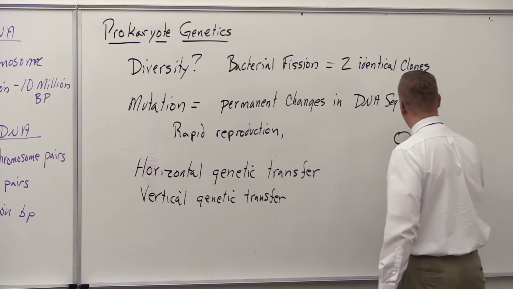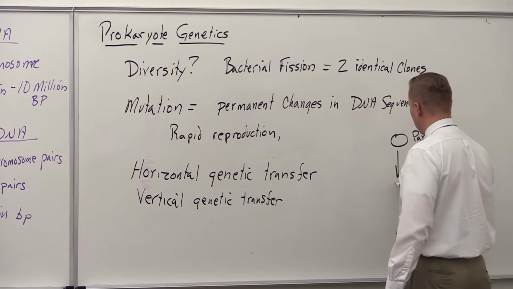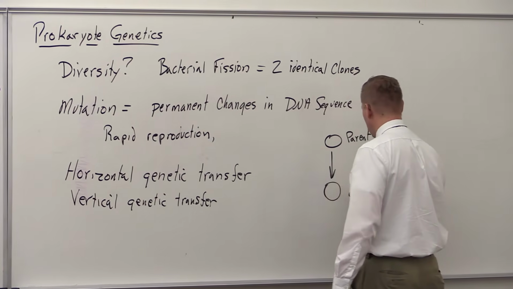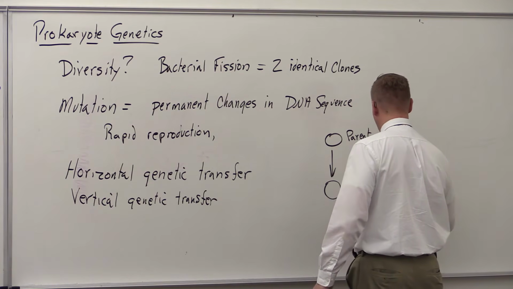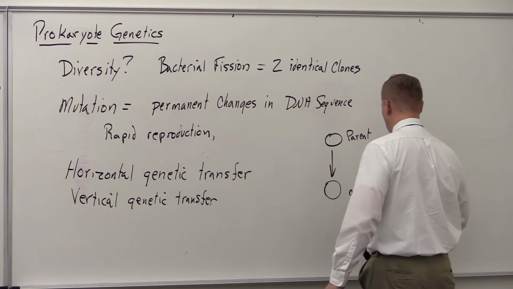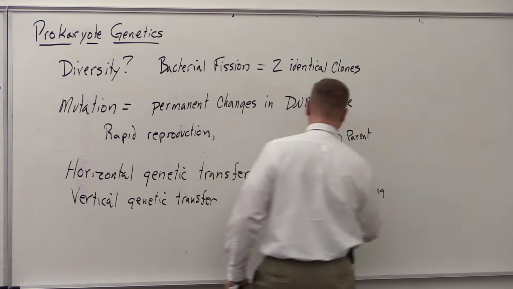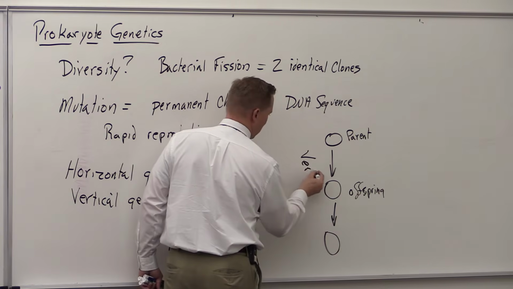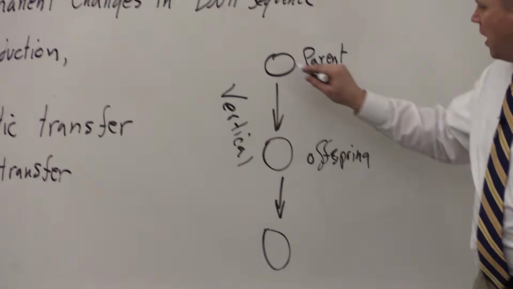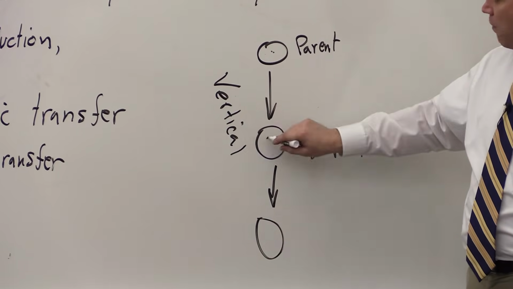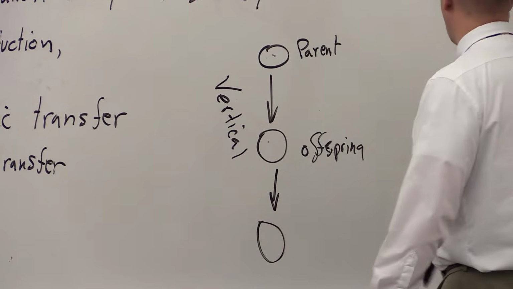So let me explain that roughly. If you have some kind of parent right here, and it passes on its genetic blueprint to the offspring, and then you'd pass it on to that offspring. This then would be vertical transfer. We're taking the genetic blueprint and passing it down through generations, and that would be vertical.